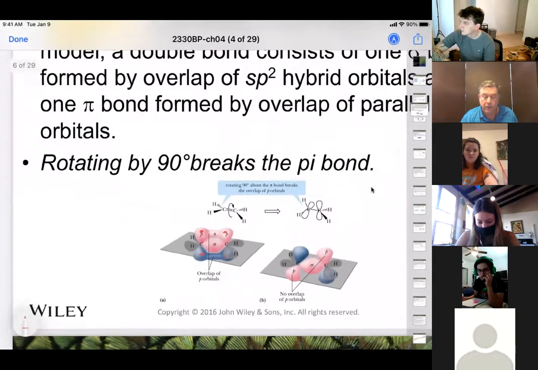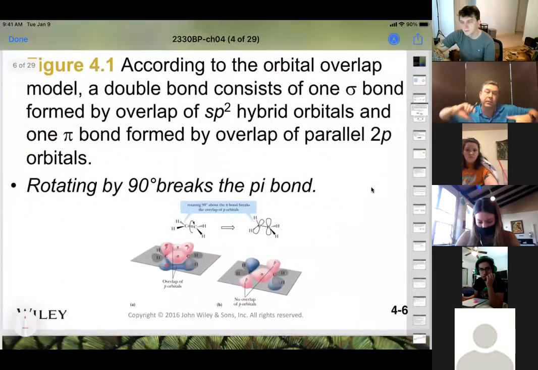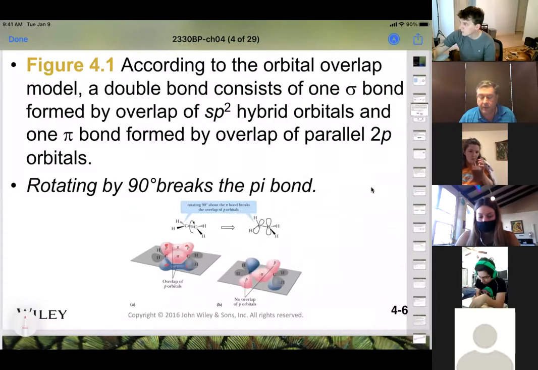If you did try to twist the molecule in half, it would break that pi bond, releasing lots of heat. And so we don't see this happen in regular atmospheric kinds of reactions. You have to do something very drastic to it to make it break that bond. So most of the time, we're going to see those double bonds stay fixed in space.